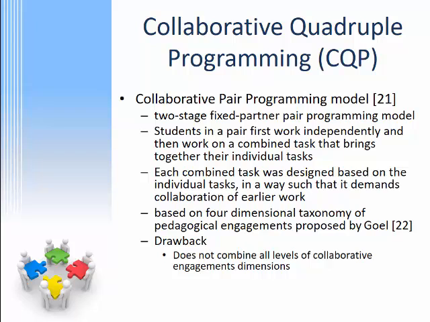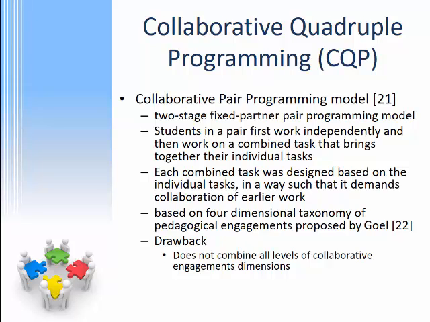This model has been successfully tested in a real classroom setup. The students were given assignments based on the model. Collaborative pair programming model is based on the four-dimensional taxonomy of pedagogical engagements proposed by Goyal in his doctoral thesis.